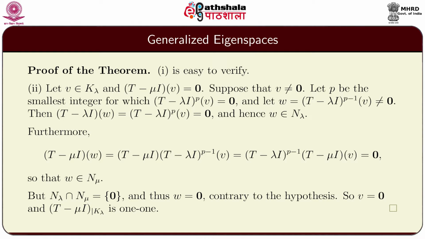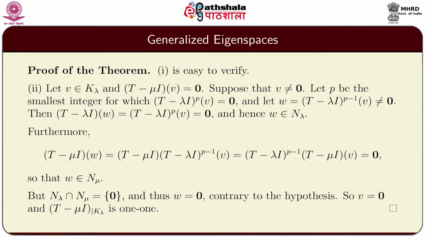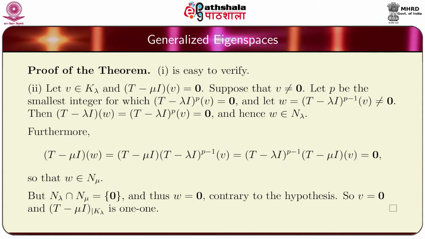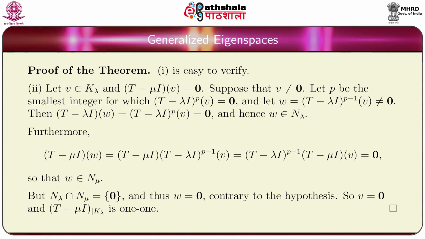Furthermore, we have (T − μI)(w) is equal to (T − μI)(T − λI)^(p−1)(v), and therefore, this is the same as (T − λI)^(p−1) times (T − μI)(v), and that is 0.